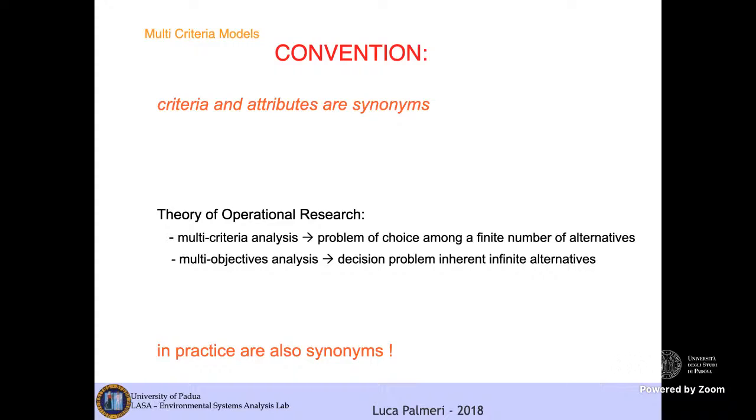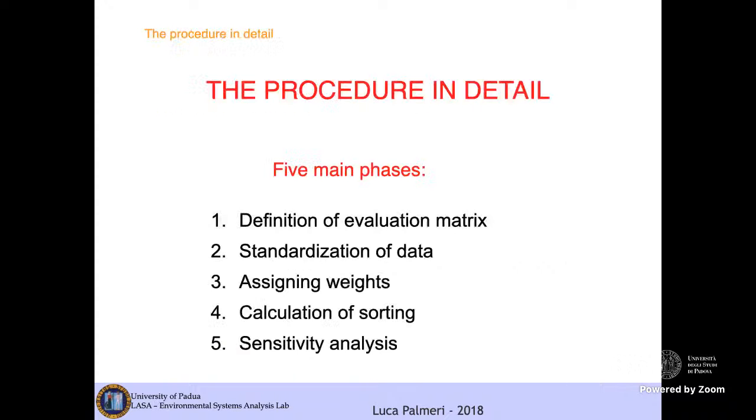Multi-criteria analysis in general refers to a problem of choice among a finite number of alternatives, while multi-objective analysis instead refers to decision problems inherent with infinite alternatives. In practice, they are also synonyms. Multi-criteria or multi-objectives may be considered synonyms, like criteria and attributes.